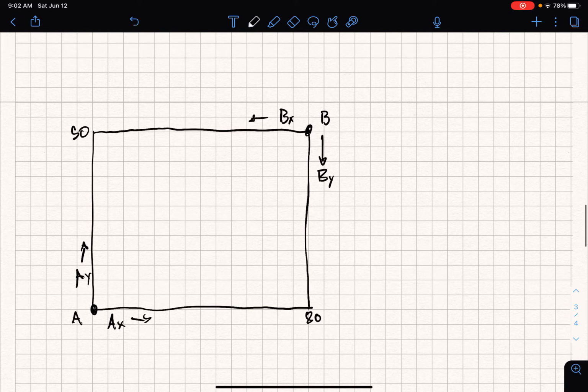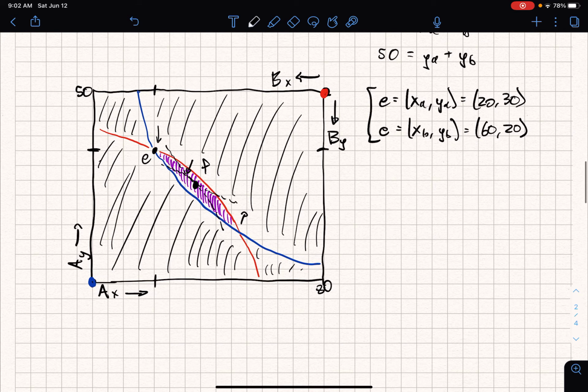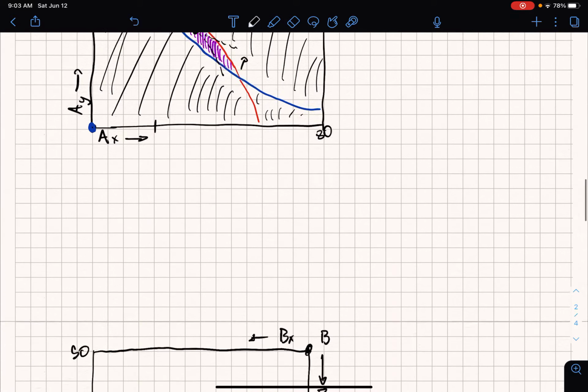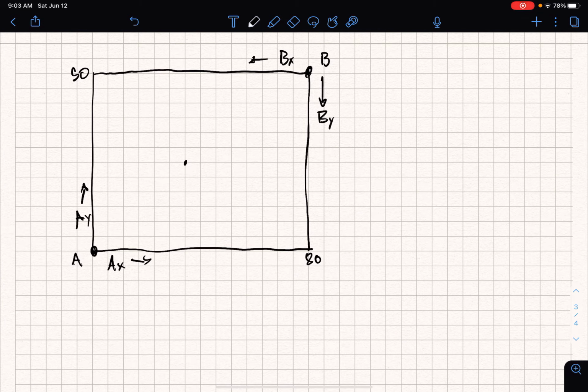So jumping back to this graph here, we can see whenever there's a lens, this pink region, we have a Pareto improvement. So the lens represents the whole set of Pareto improvements. What we want is a point where there is no lens. This point happens exactly at the point where the indifference curves are tangent.